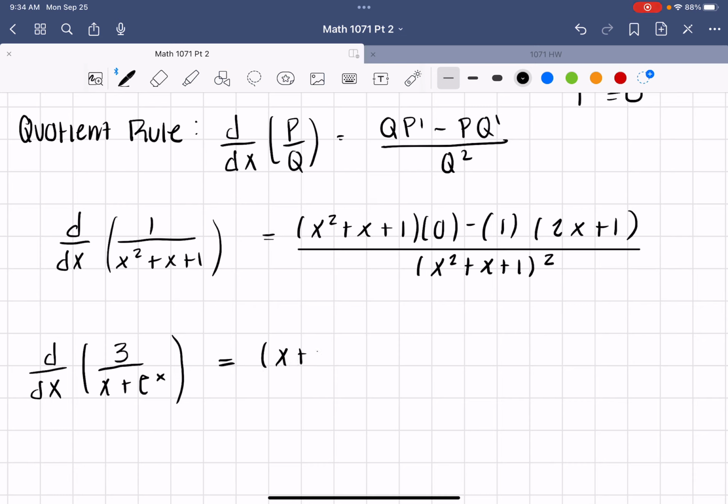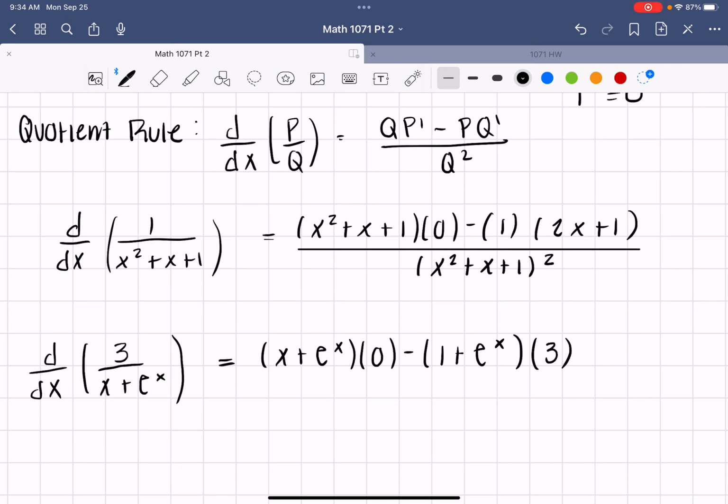So when you do your rule, denominator times the derivative of the numerator, which is just a 3, its derivative is 0. Minus numerator, which is 3, times the derivative of the denominator. The derivative of x is 1.